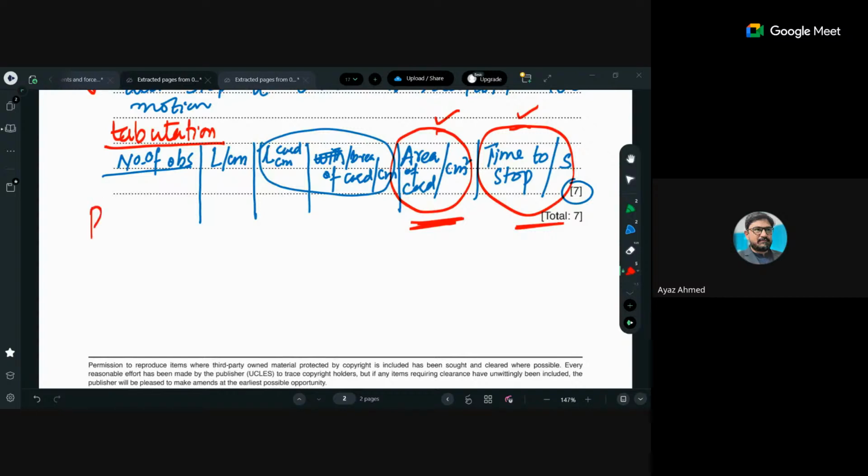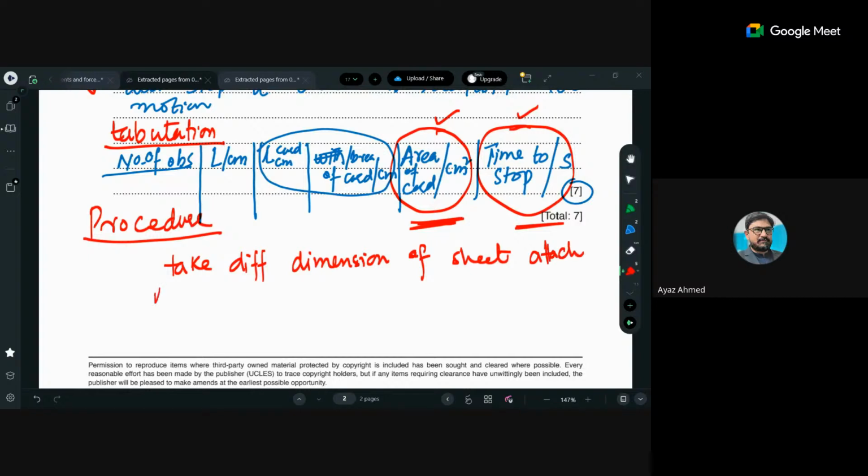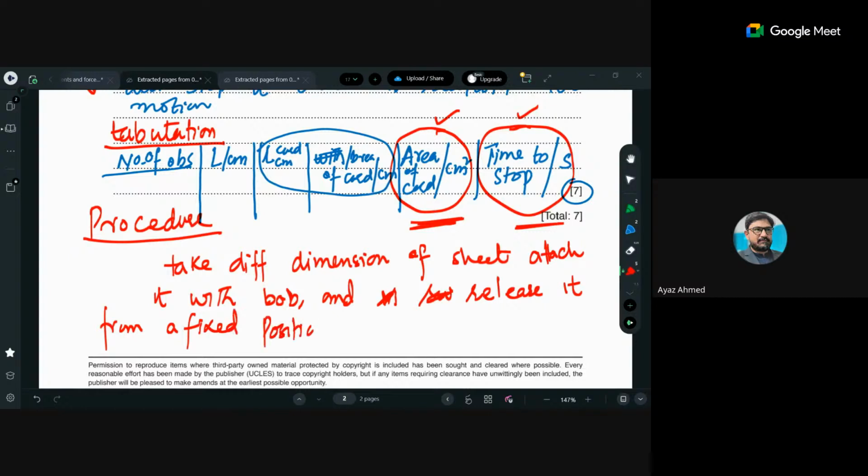So here now I will go towards procedure. The procedure is, take different dimensions of sheets or card, attach it with bob, and release it from a fixed position from equilibrium.